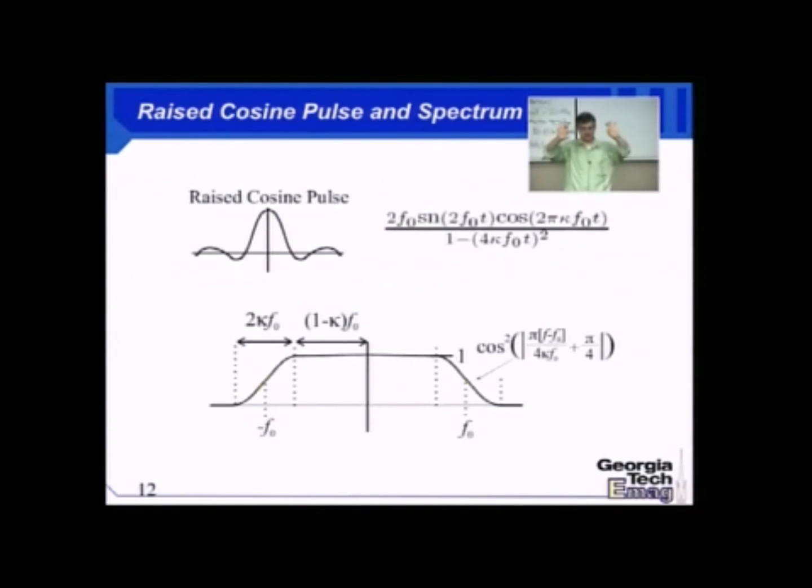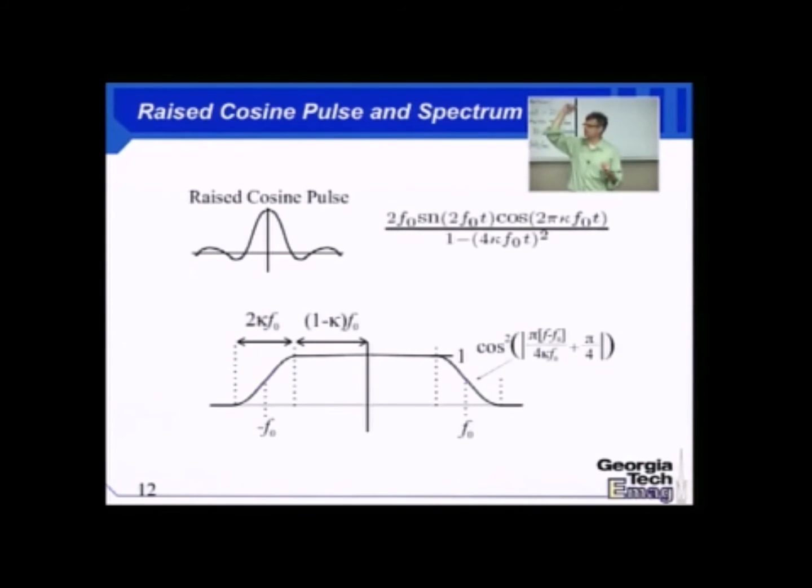So it makes the transition, instead of going abruptly down to 0 in the frequency domain, depending on the value of kappa, it rolls off with a cosine characteristic in this transition region that I've outlined up on the board. So basically, when kappa is equal to 0, I get a box. Sinc-Function in the time domain, box in the frequency domain.